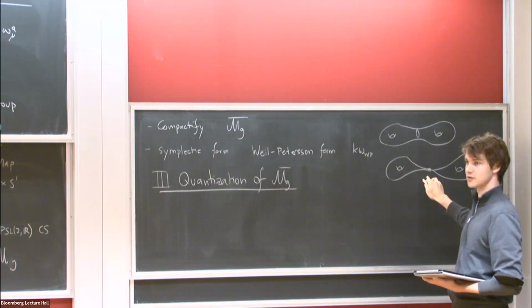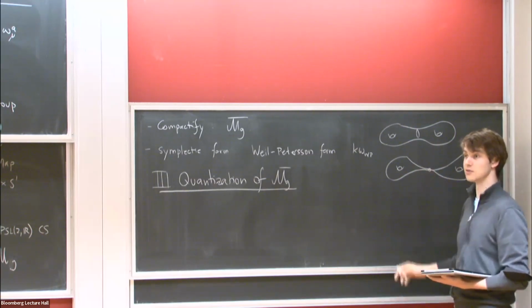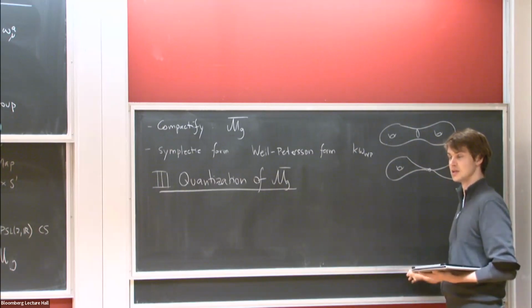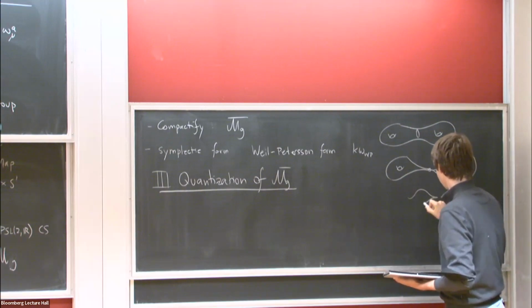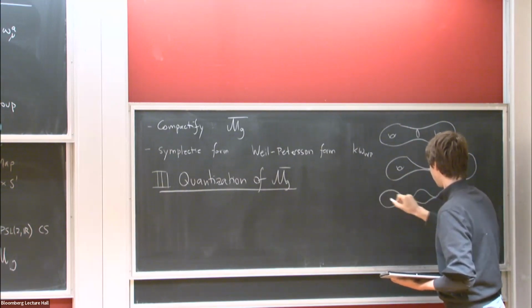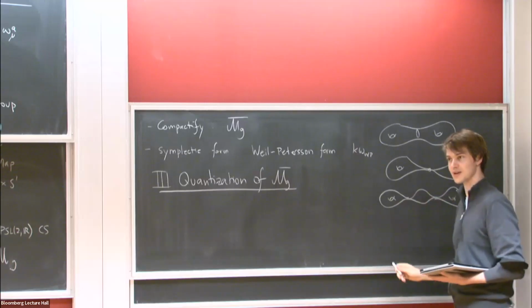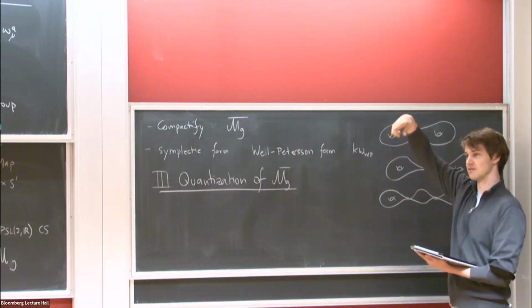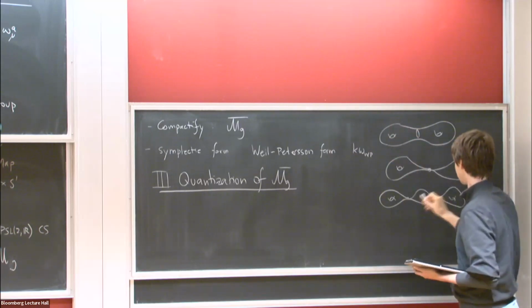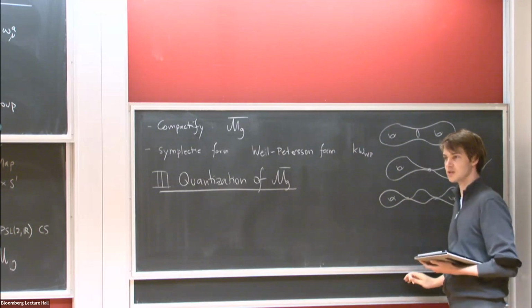The Deligne-Mumford compactification is simply the compactification of moduli space that you get if you allow nodal singularities. But for example, this one would not be allowed because it's not allowed in the hyperbolic case. The middle component would be a sphere with two punctures, but you know that this doesn't admit a hyperbolic metric if you just have a sphere with two cusps. So this one would not be part of the compactification, whereas this one would be.